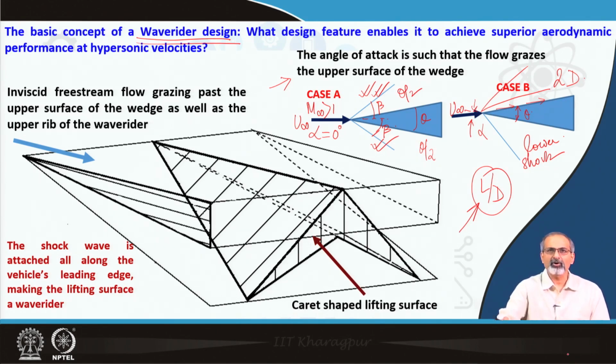So, if we imagine that concept coming in over here, then this is the wedge that we are talking about, and then this is the shock that we can see at the bottom. And can we imagine a body which is occupying this volume that is currently occupied by the wedge and the lower shock, and then we imagine that the body comes in and the wedge goes away, and the body is shaped in such a manner that the leading edge of the body exactly rides on the wave.